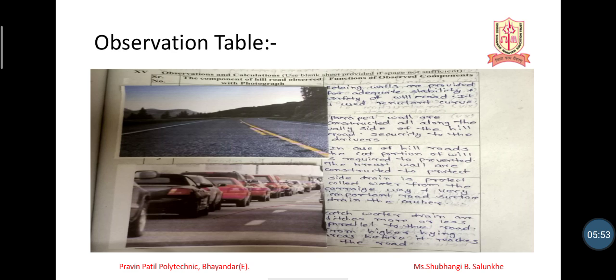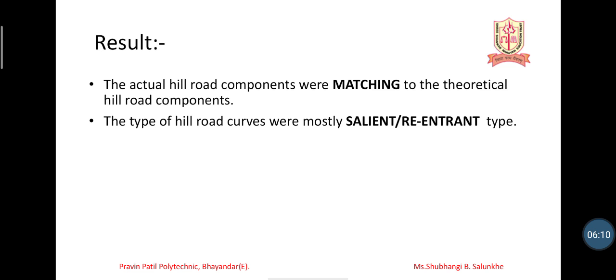So what will be the function of the road bed? Obviously the vehicles are going to travel on that road bed. So this is the main function, or this is the main component part we have found on the hilly roads. Like this we have to fill the whole observation table. The actual hilly road components were matched to the theoretical hilly road components.